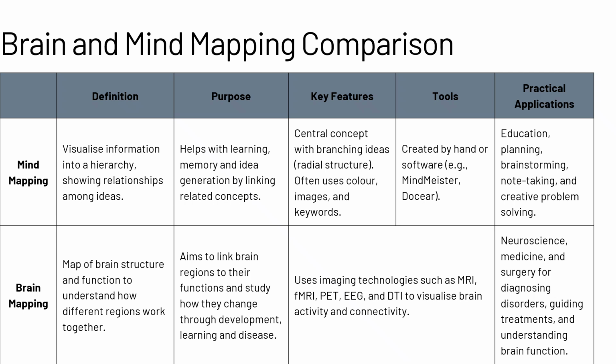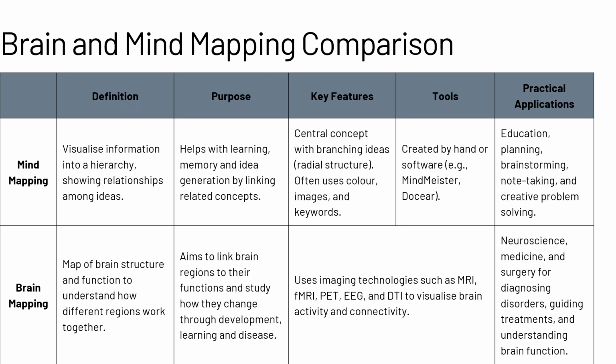In practice, brain mapping is used to identify how the brain changes through learning, development, and disease. It allows doctors to locate seizure zones, study mental health disorders, and plan precise surgeries with minimal risk.